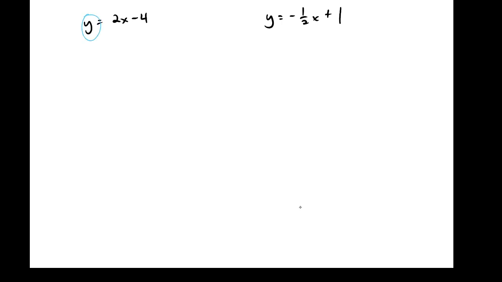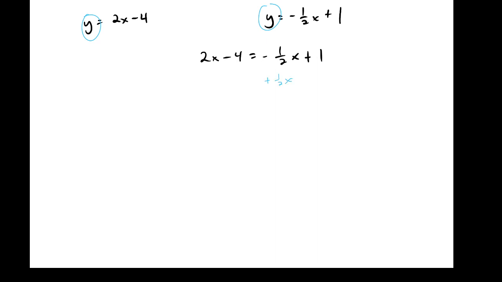Both things are equal to y, therefore these two equations are equal to each other. 2x minus 4 is going to be equal to negative 1/2 x plus 1. So I went from having two equations and two variables to only one equation and one variable, which, as you guys are great at, is something we can solve. So we now just need to solve for x, and we'll use that to get our y.